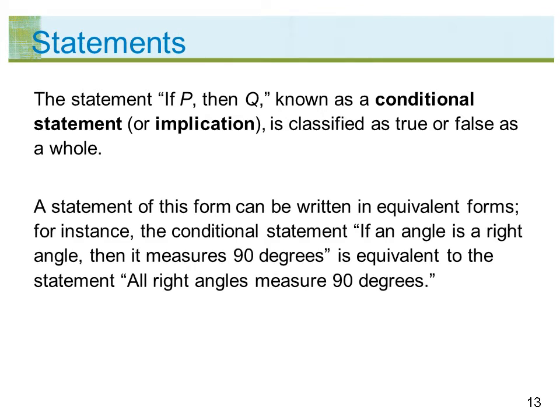A statement of this form can be written in equivalent forms. For instance, the conditional statement, if an angle is a right angle, then it measures 90 degrees, is equivalent to the statement, all right angles measure 90 degrees.